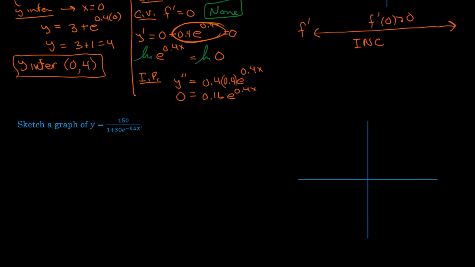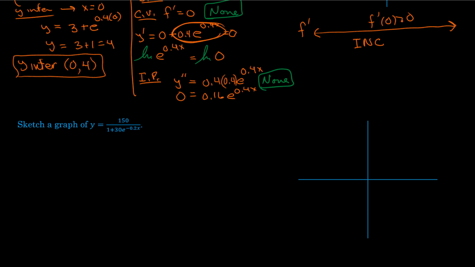As with the first derivative, we can divide both sides by the 0.16, or the coefficient, whatever it may happen to be. The last time it was 0.4. The left-hand side will continue to be 0. Then when we try to apply the natural log to both sides, we're going to wind up in the same situation as we had with the first derivative, which tells us that there are no inflection points, none.